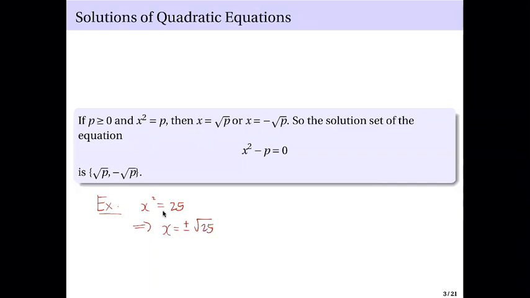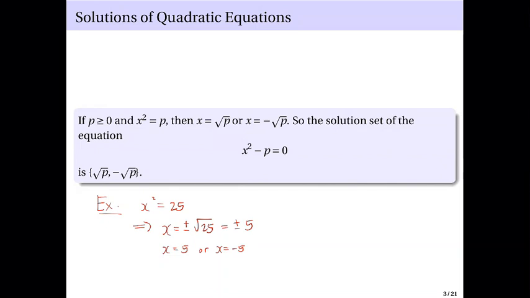And we know that square root of 25 is just equal to 5, so this is equal to plus and minus 5. This notation, plus minus, is a shorthand notation for x equals 5 or x equals negative 5.